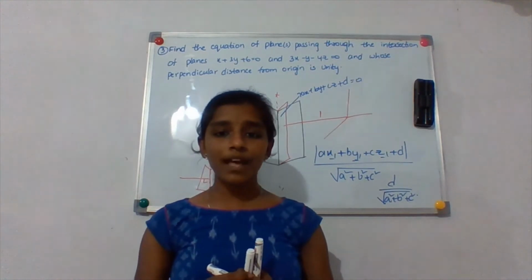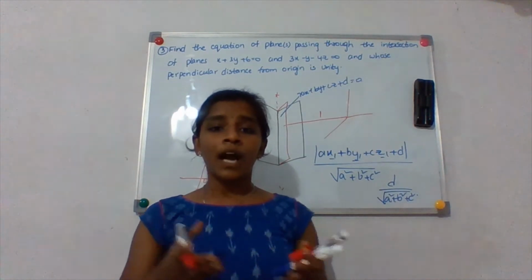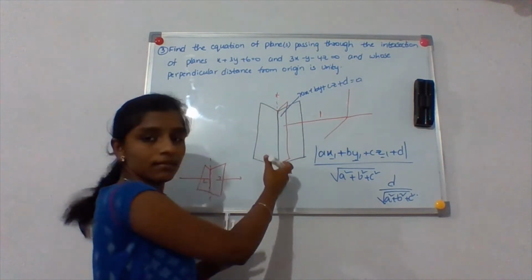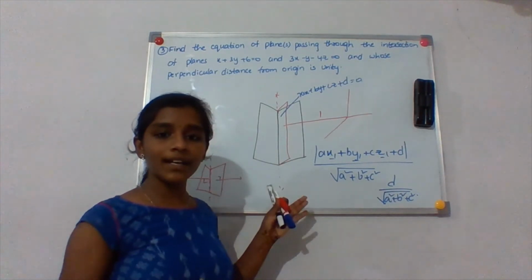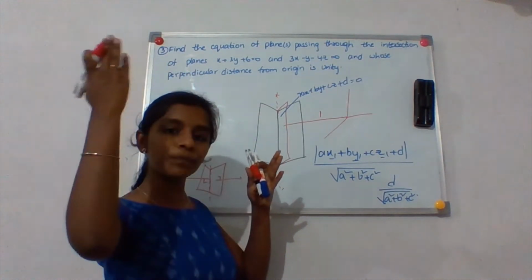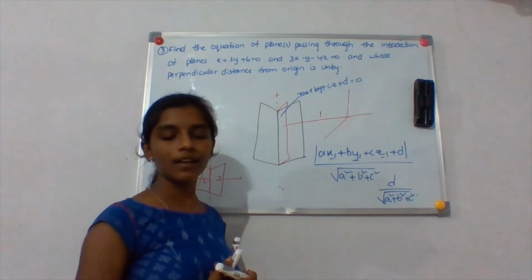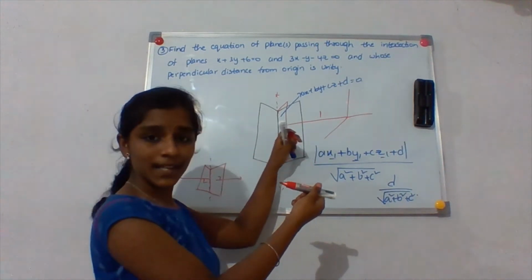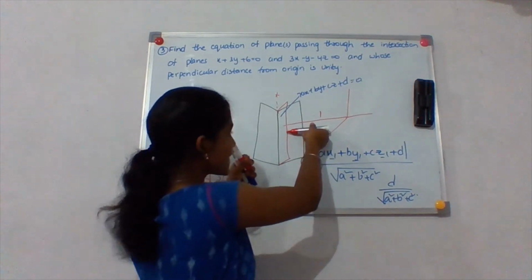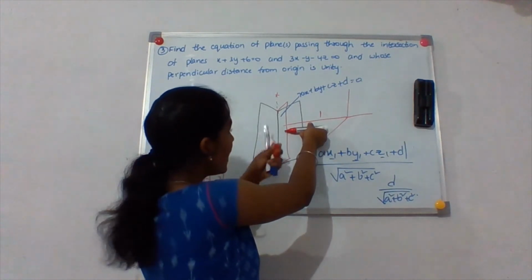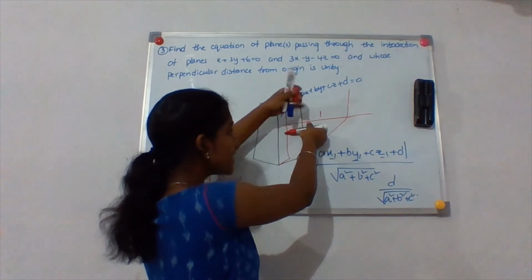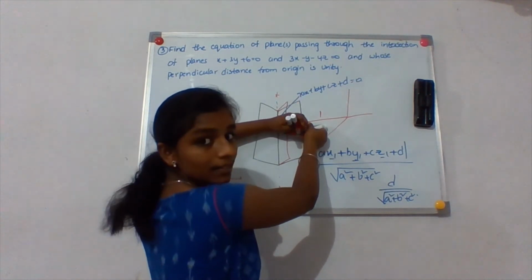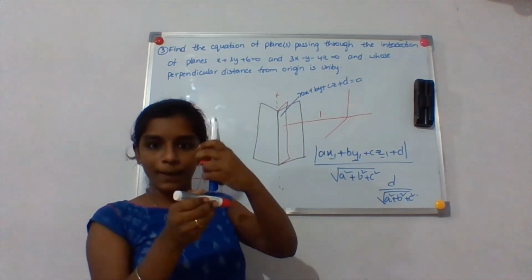Now if I draw a plane on that intersection, the only thing that we did here is place some plane on the line of intersection. So if we draw the normal to this intersecting plane, it will come like this, and the normals of these two planes will be perpendicular to it.